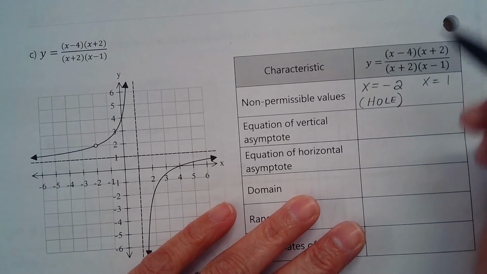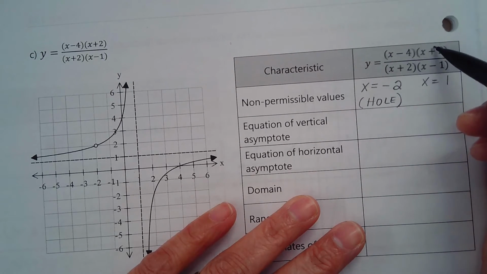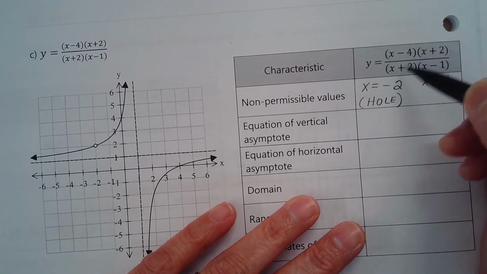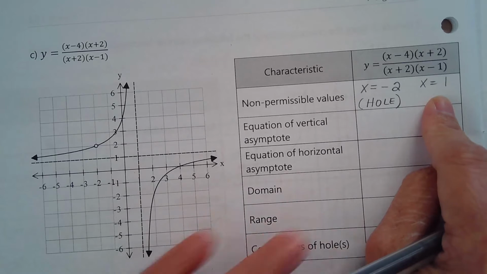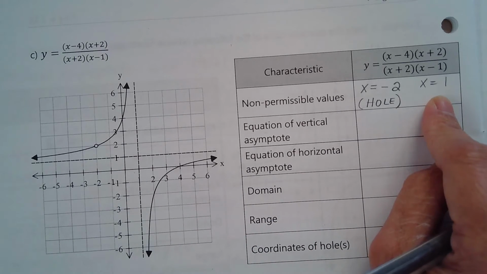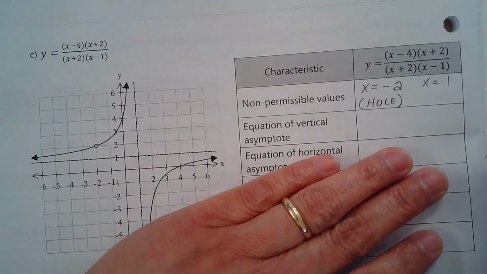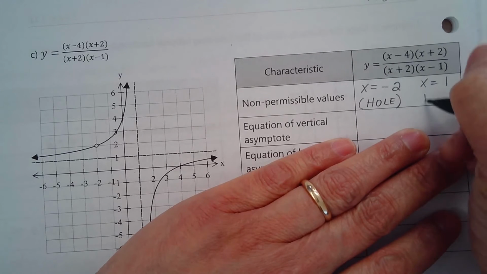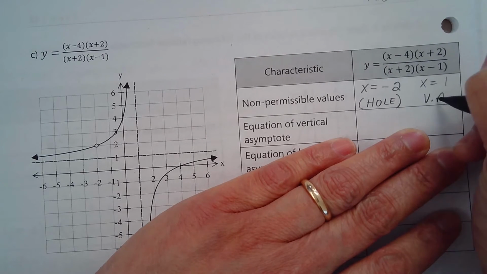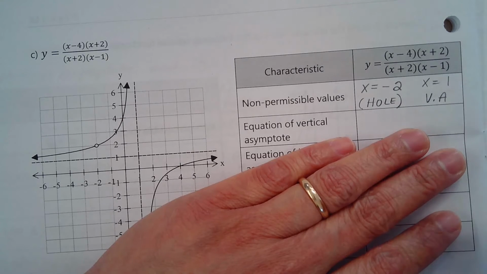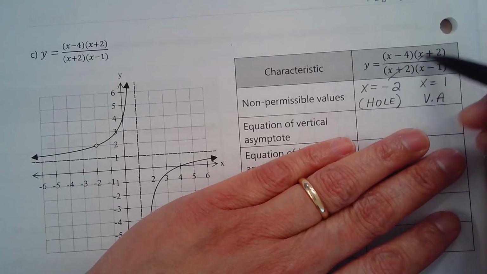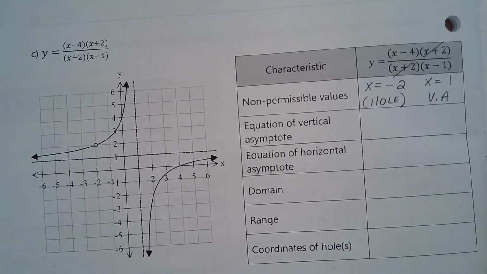If we have a common factor, then there is a hole. If there's no common factor, then this is where there's going to be a vertical asymptote. So the hole is there because it's a common factor.